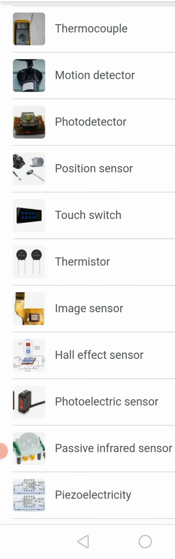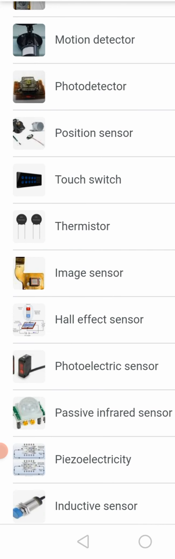Next, there are sensors that work on the principle of piezoelectricity, such as vibration sensors. Those kinds of sensors detect changes in vibration, and they are also used in accelerometers, gyroscopes, and so many other things.